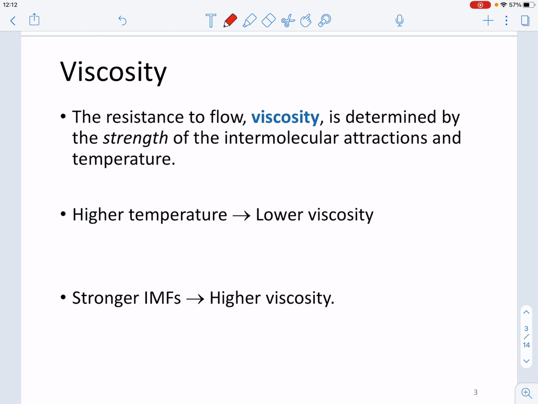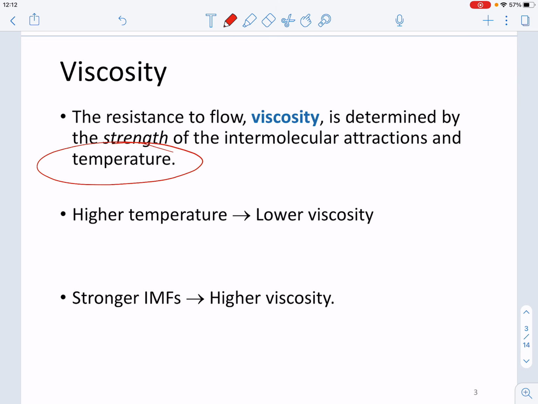So as I said initially, this viscosity has its origin in the intermolecular forces, but in the particular case of viscosity, we also have an impact of temperature. Remember, it's a resistance to flow. Those particles are moving. If you increase the temperature, you are increasing the energy of those particles, and those particles will be moving faster, right?